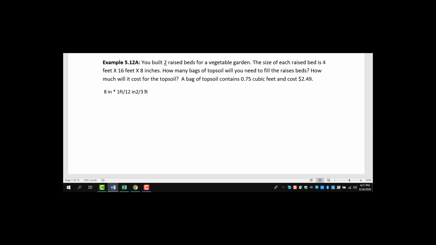2/3 of a foot. From the previous work, the volume of this is a rectangular prism, or a box basically. It's going to be length times width times height.